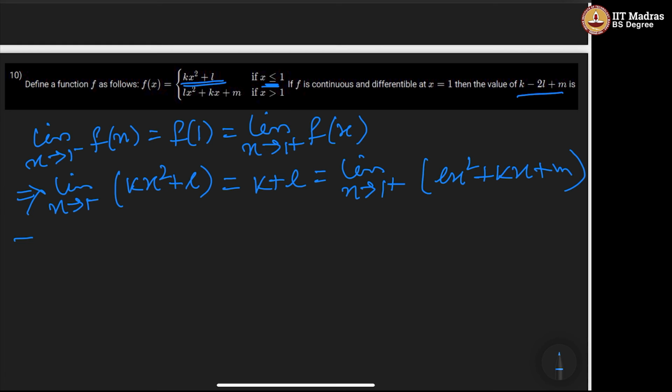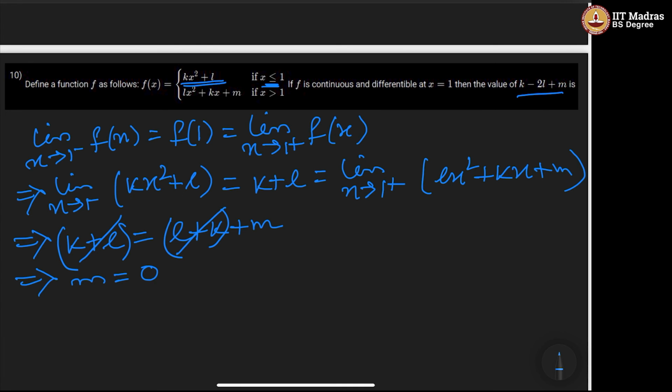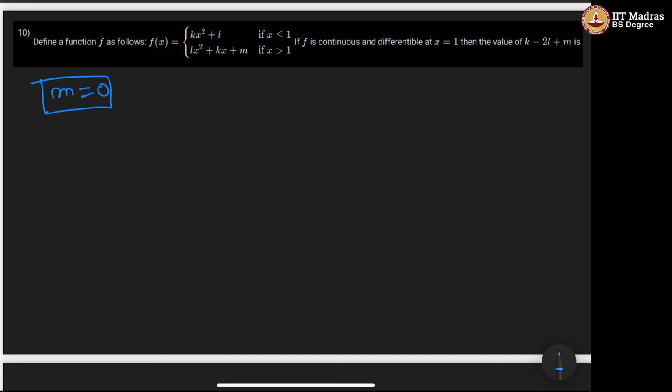Okay, so from here we will get k plus l equals l plus k plus m, right? So from here we will get m equals 0, because k plus l can be cancelled out from both sides. So now we have the value of m. Okay, so we have m equals 0.